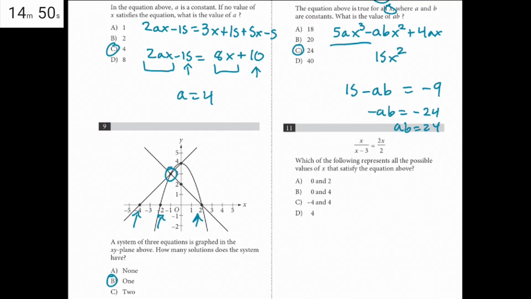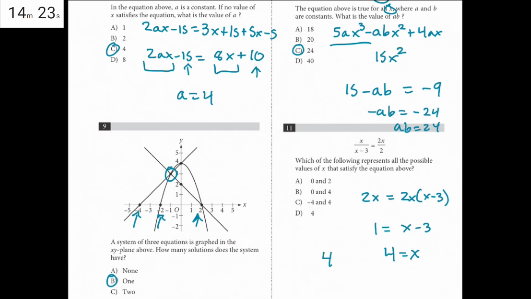Which of the following represents all the possible values of x that satisfy the equation above? We have 2x must equal 2x times x minus 3. Then we can divide by 2x, and we'll get 1 must equal x minus 3. Add 3, 4 must equal x.